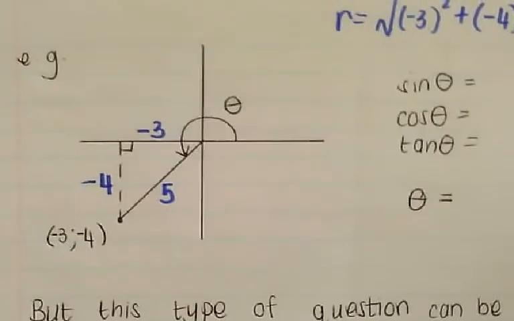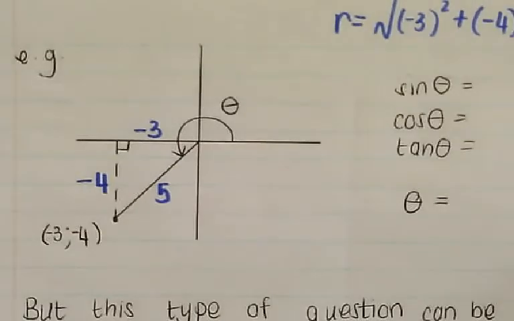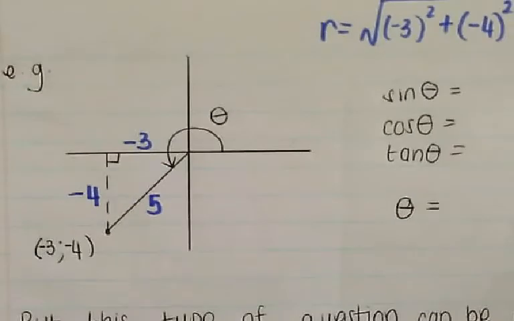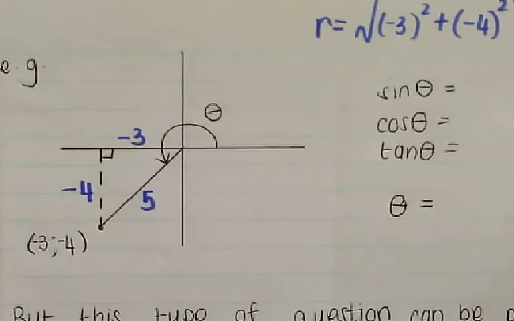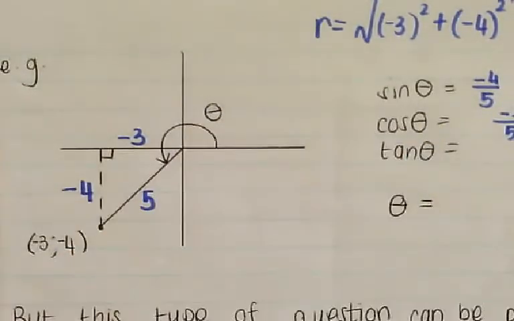Okay? So now I have all three sides, which means I can find the ratios for sine, cos, and tan. Sine would be y over r, so minus 4 over 5. Cos would be minus 3 over 5, adjacent over hypotenuse.